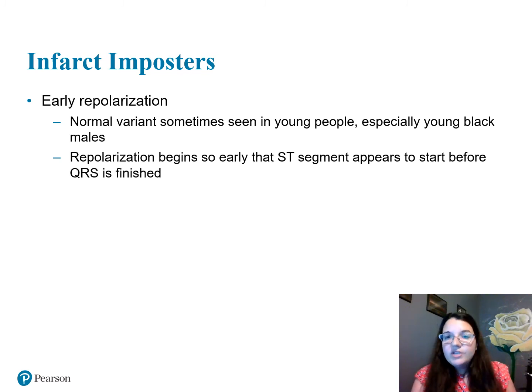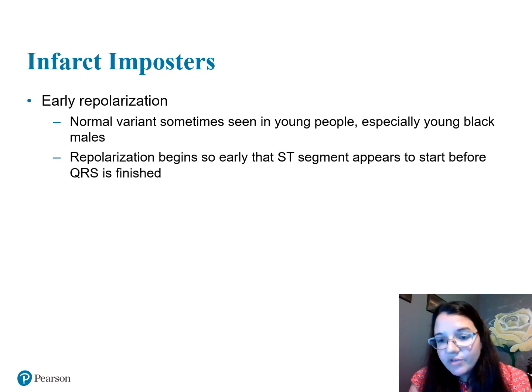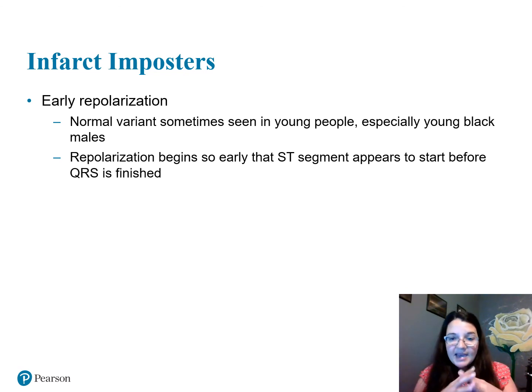Or it might say a young Black male is 30, he's come in, he's repolarizing early. It's going to give you his symptoms, and then your answer is going to be early repolarization.